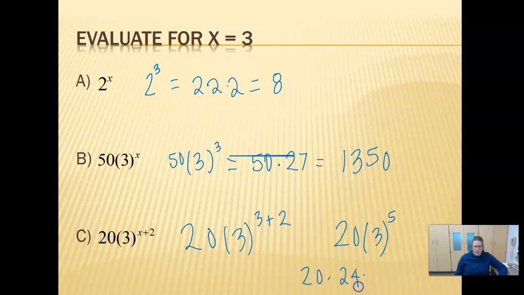So 243 times 20 gives me 4,860. Just make sure you don't multiply these first before you apply the exponent. You have to do that exponent on the one that it's on first and then multiply by 20.